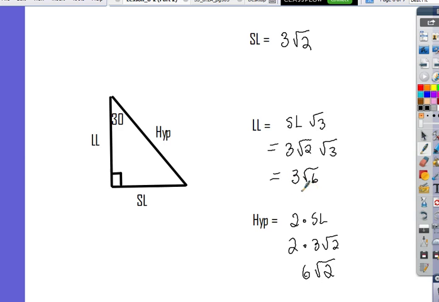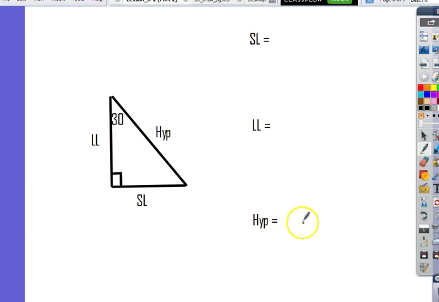All right. Here's the tricky one. Let's say we start out with a hypotenuse, and the hypotenuse is 8 square root of 6. Find the other two if you know the hypotenuse is 8 square root of 6. All right, do we have the shorter leg? No, so that's the first thing we're going to have to do. We're going to have to find the shorter leg.